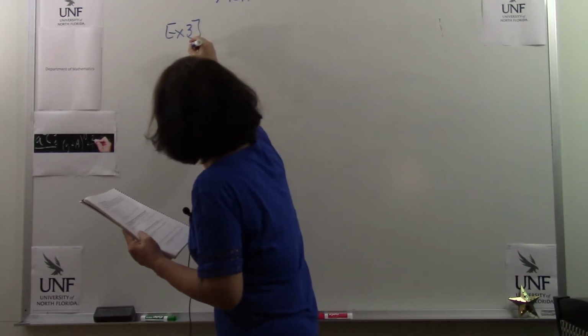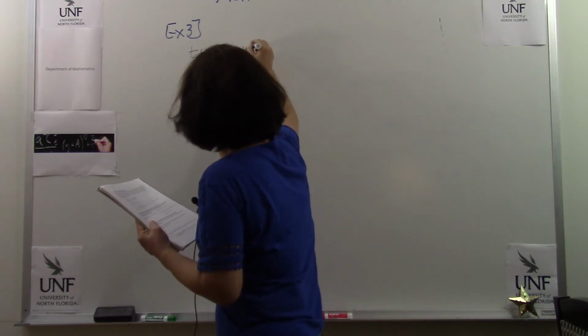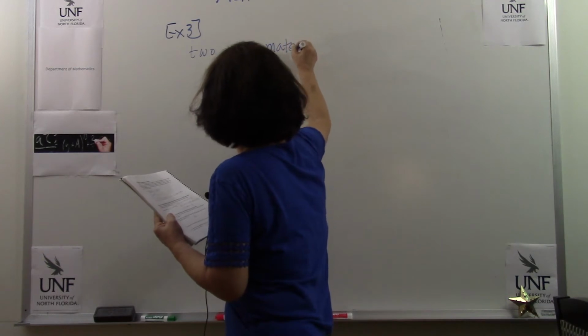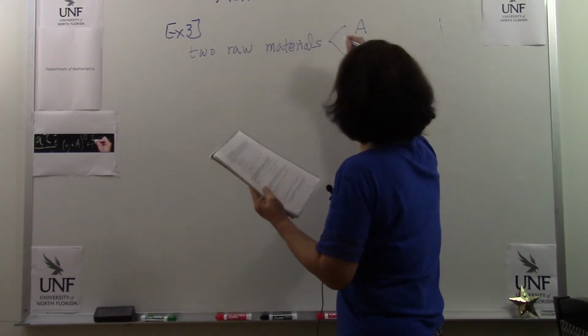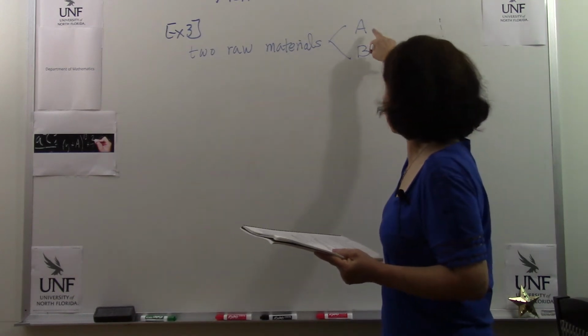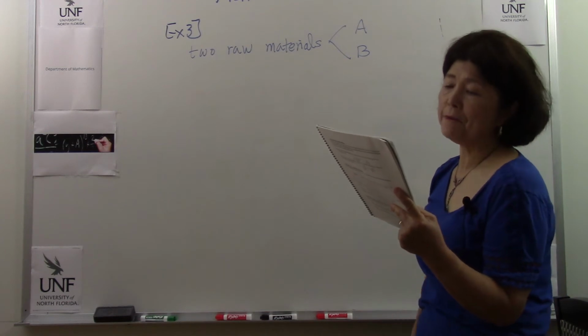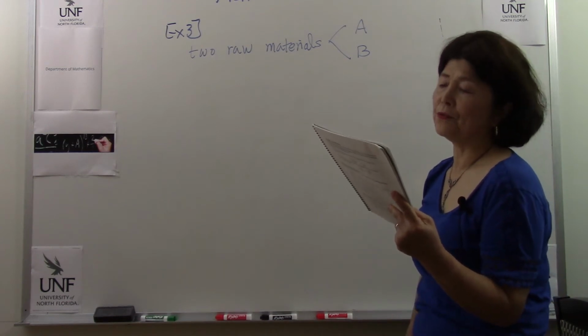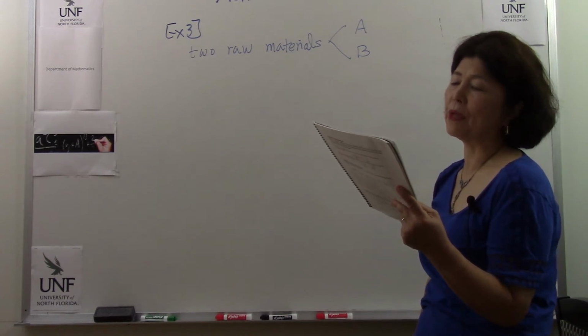So they need 2 kinds of raw material, material A and material B. They have to have an adequate supply of both of them to operate the factory. But sometimes, unfortunately, the probability of not having an adequate supply of material A is 0.05.